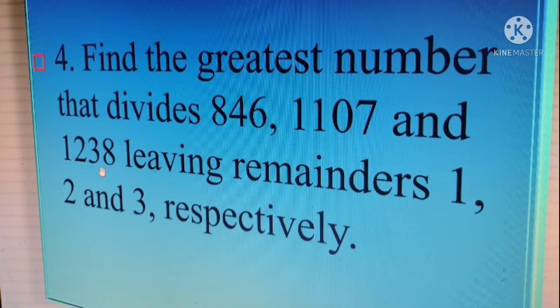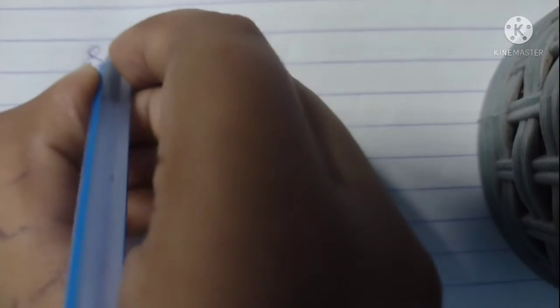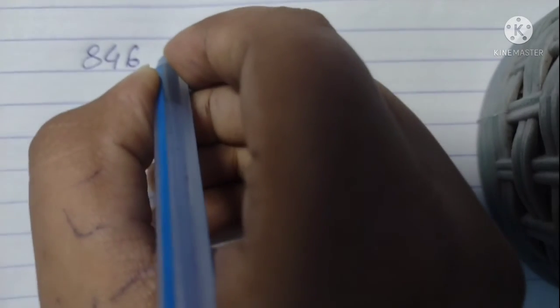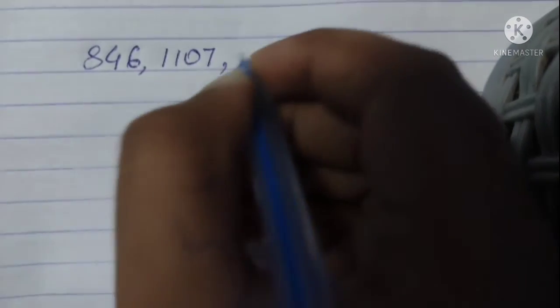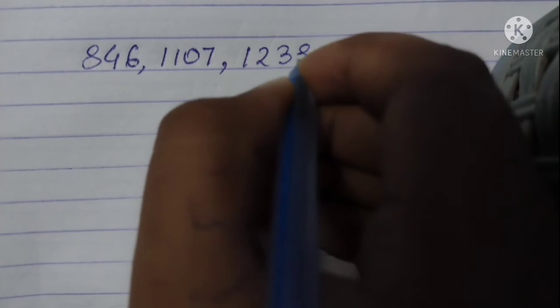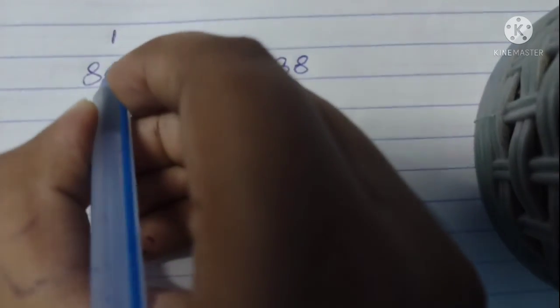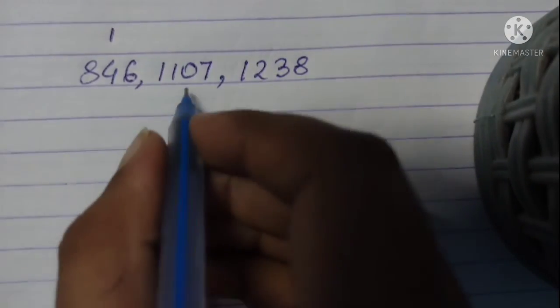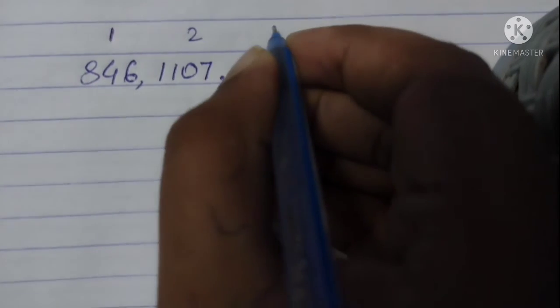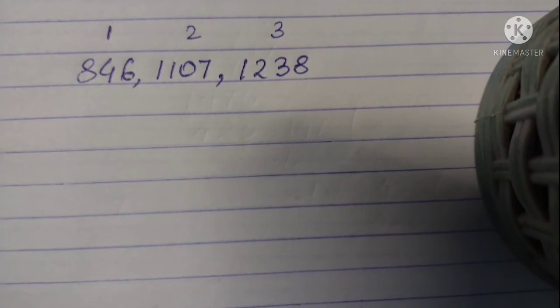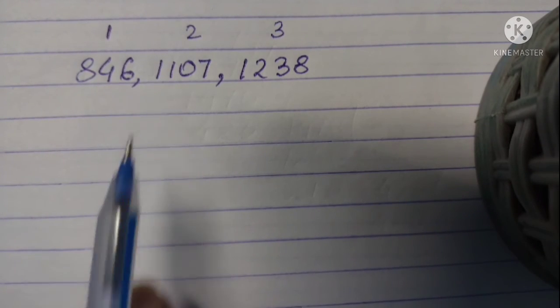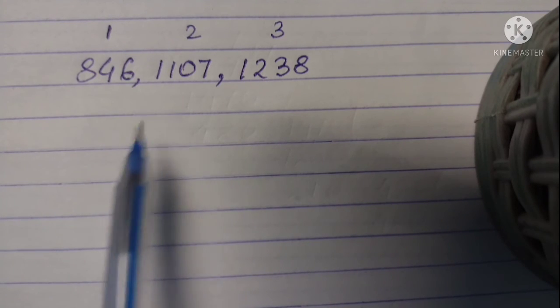So let's find. You have to find the HCF of these 3 numbers, leaving remainder as in 846 1, in this number 2, and in this number 3. So whatever the remainder is to be left, you have to subtract it from the number.